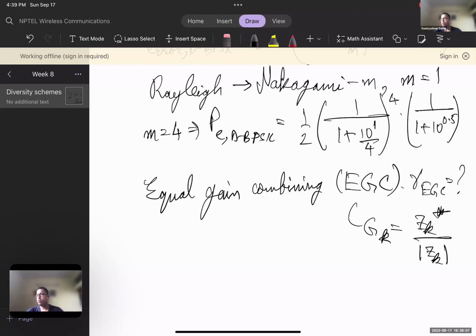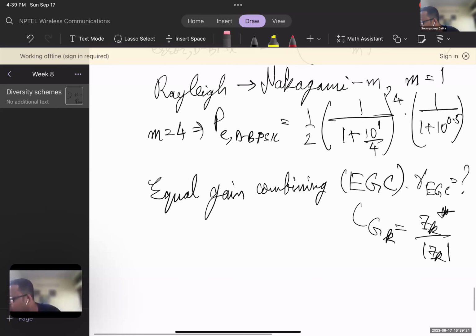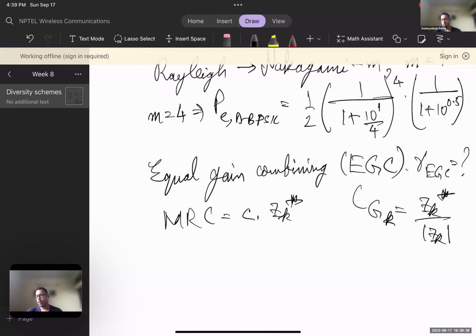MRC is slightly different. In MRC, you will not be doing this. You'll just be doing some other constant times Zk star. You won't be dividing by this, and this is MRC. Okay. So in equal gain combining, you can do the derivation.